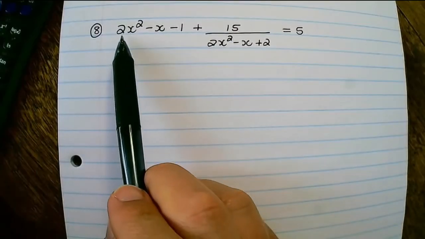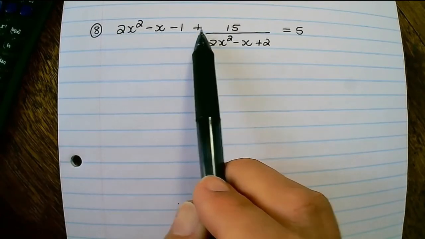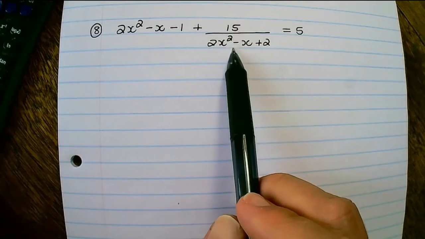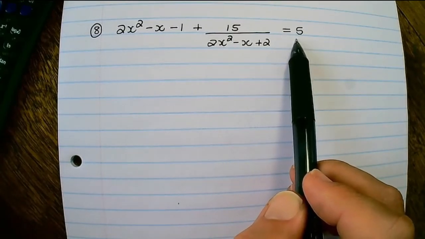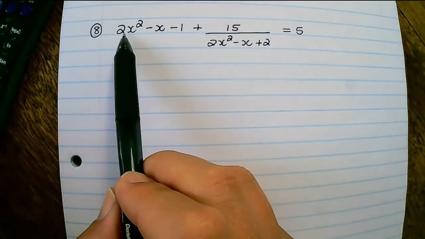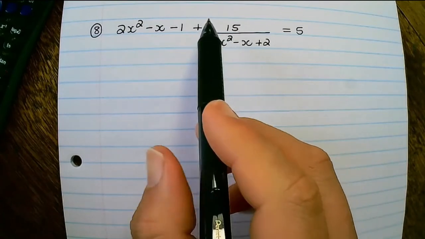And in our final example, we have 2x squared minus x minus 1 plus 15 over 2x squared minus x plus 2 equals to 5. So if you try to solve x yourself, you would see that you will get stuck at some point.